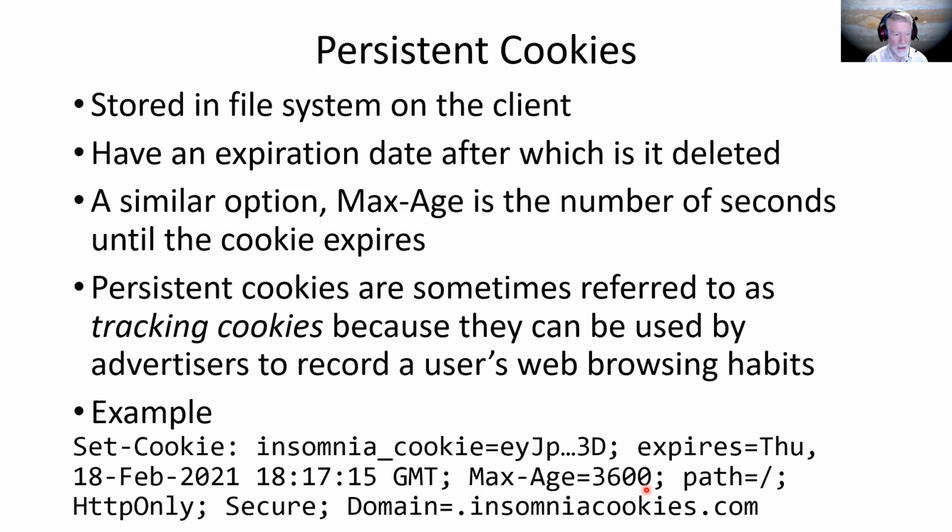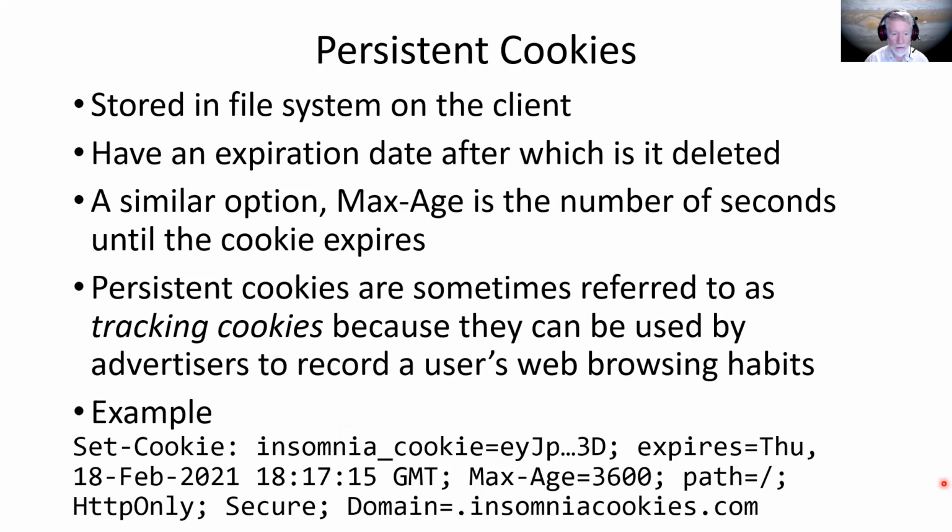So if you have a max age of 3,600 seconds, that would be 1 hour. So the cookie is good for an hour. And so I probably got this cookie on February 18th at 17:15 GMT, probably middle of the afternoon. And it was good for an hour or good to that time. So that's the expiration date on the cookie.